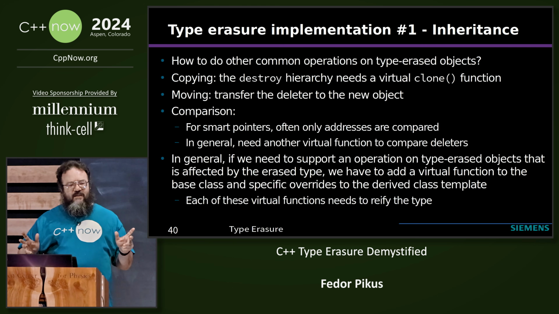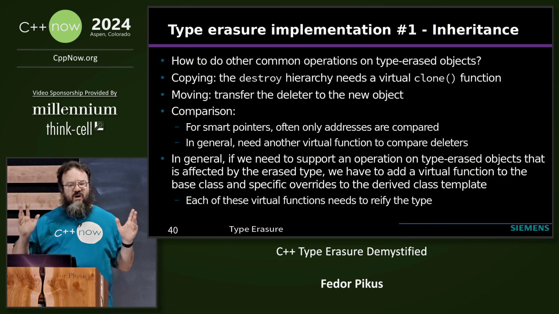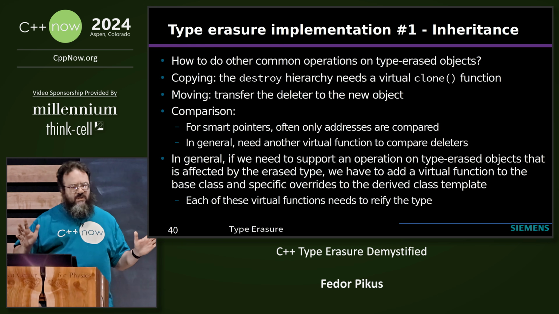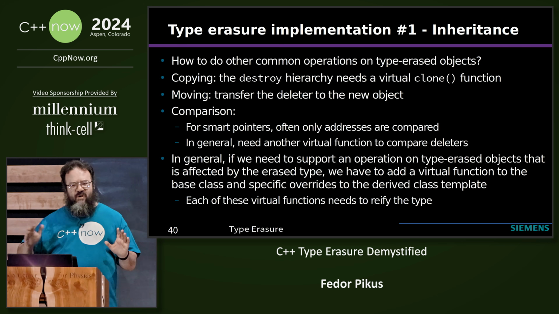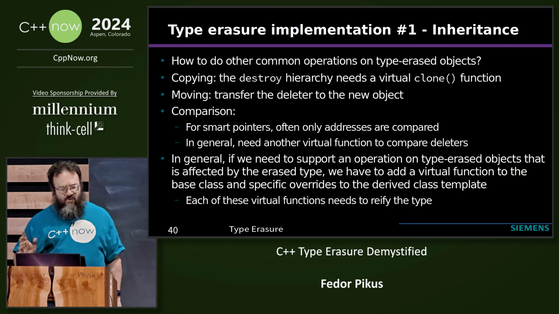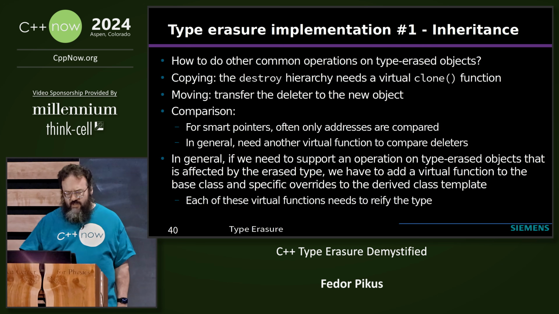In reality, unless your object is non-copyable or non-movable, copying and moving and maybe comparing are also relevant behavior elements. So whatever behavior elements you deem relevant, in this approach you create a virtual function for every one of them. And in the derived template, you override every one of them with the correct action for your deleter type. And all of them would have to reify the deleter type.